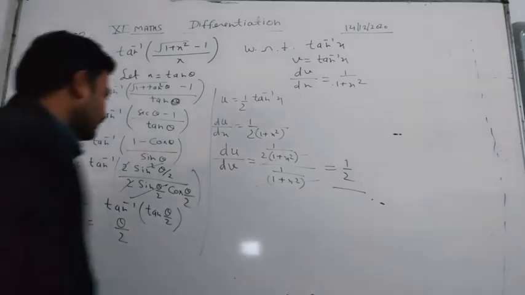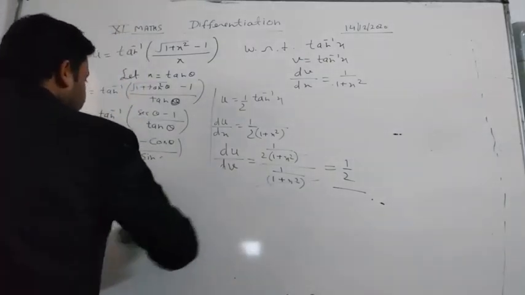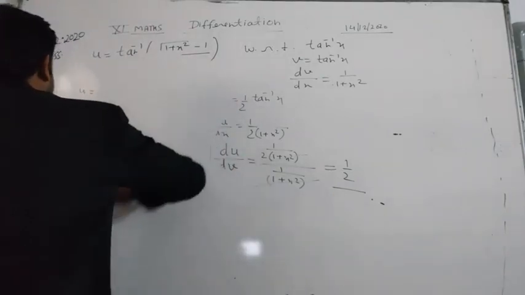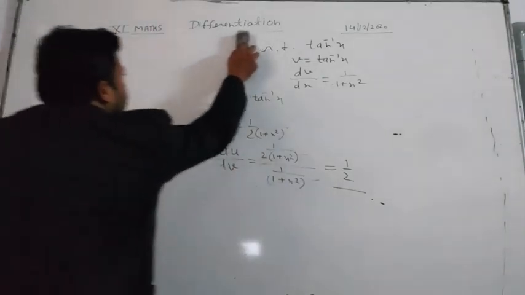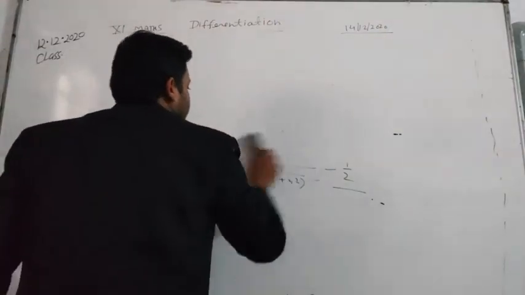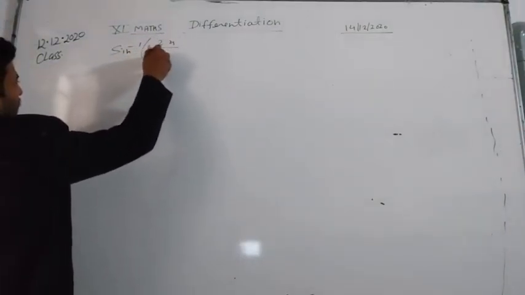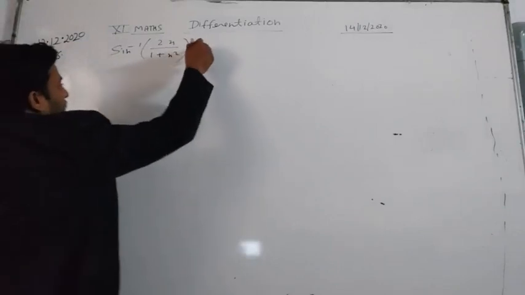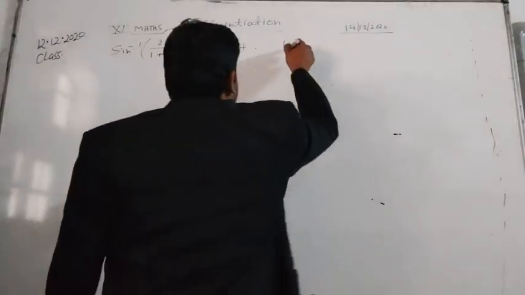So the next question is: differentiate sin inverse 2x upon 1 plus x square with respect to tan inverse x.